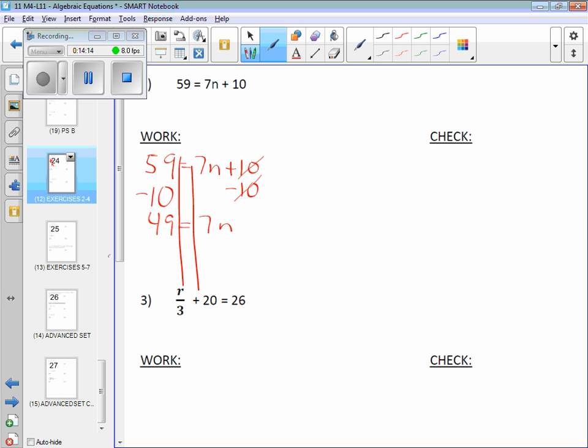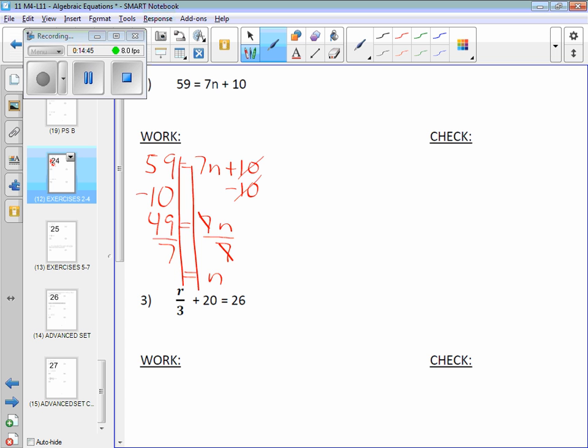By how much? What's the opposite of multiply by 7? What cancels? What's left? 49 divided by 7. Goes in evenly.